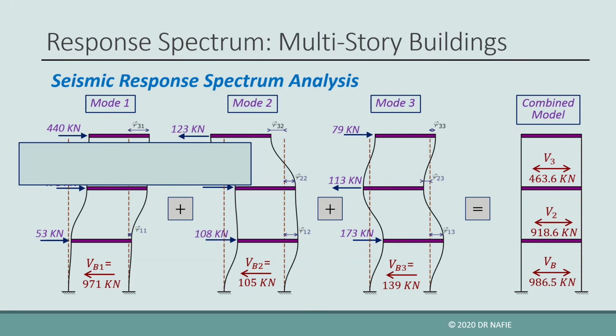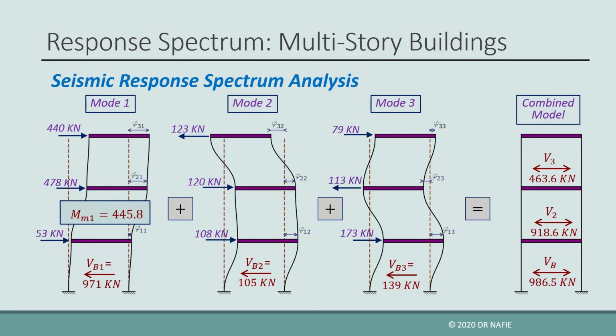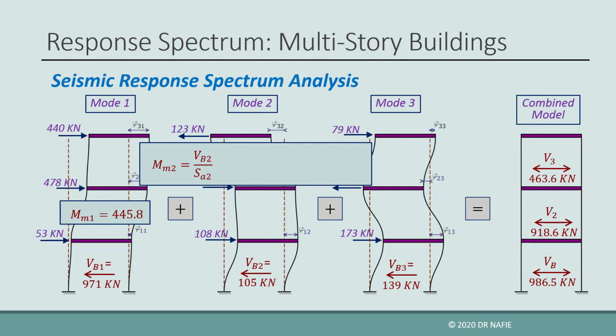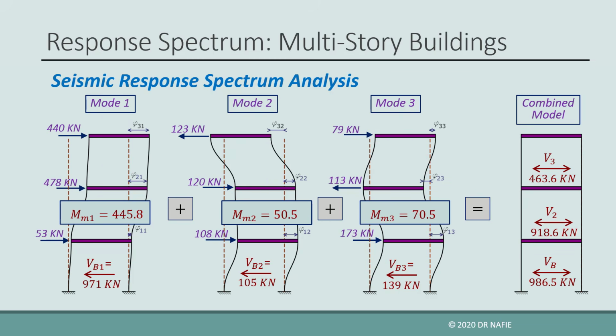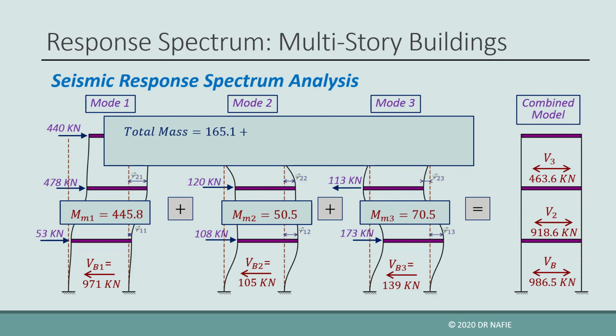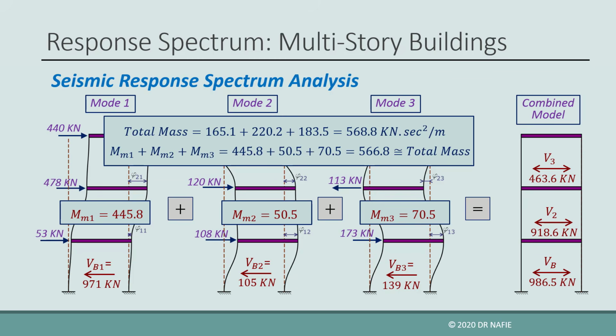The modal masses of modes 1, 2, and 3 are calculated as shown. It can be seen that the sum of modal masses for the three modes is nearly equal to the total mass of the building.